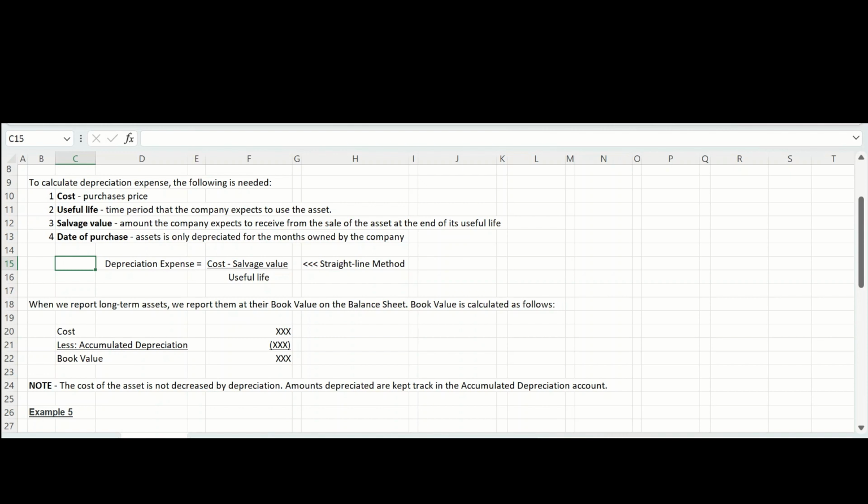We're going to divide that by the useful life of the asset, which is how long the company thinks that they can use the asset. And this specific calculation is going to be referred to as the straight line method of calculating depreciation. There are other methods of calculating depreciation, but we will only talk about the straight line method in this chapter. We'll get to other methods in the future.